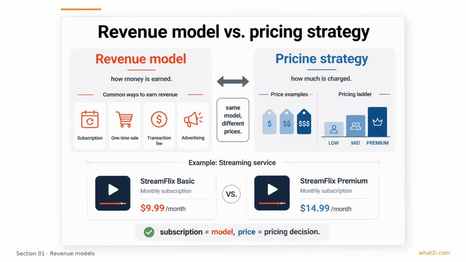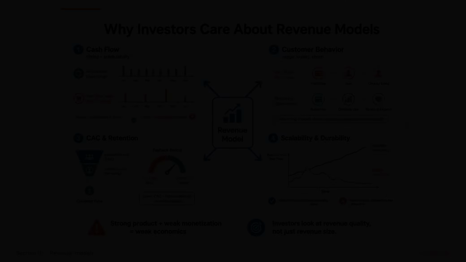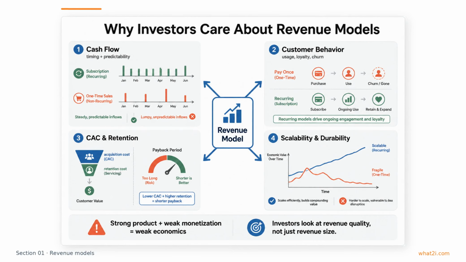A streaming service that charges $9 a month and another that charges $15 a month are both subscription businesses, even though their pricing choices differ. This distinction is important because a weak business does not become strong just by raising price, and a strong model can still be mispriced.